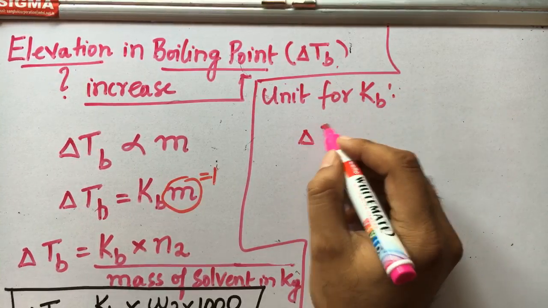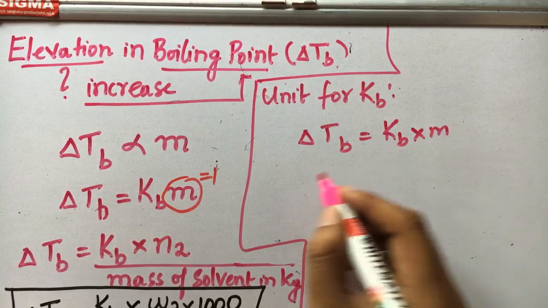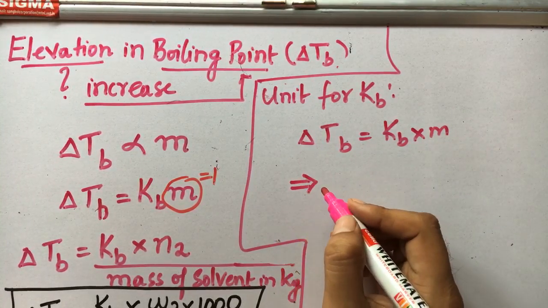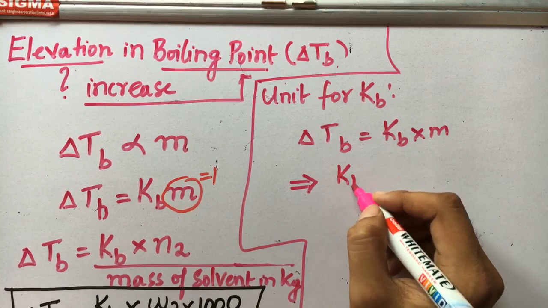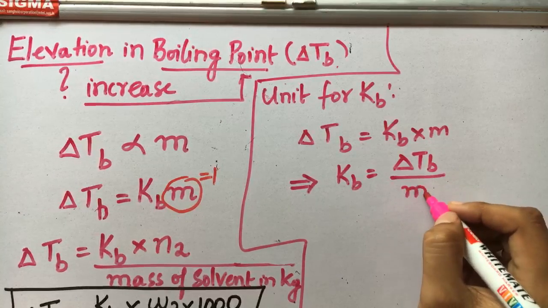We know that delta Tb is equal to Kb into m, which implies Kb is equal to delta Tb divided by m.